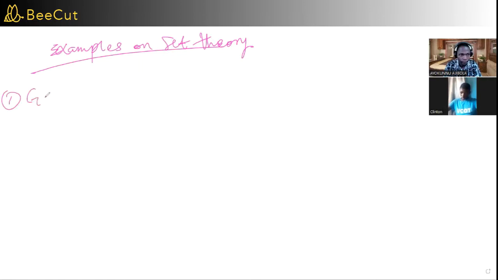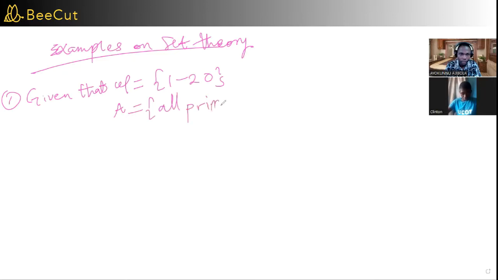Number one, given that the universal set equals 1 to 20, a list of numbers from 1 to 20. And from the universal set, given that set A equals all prime numbers in the universal set.